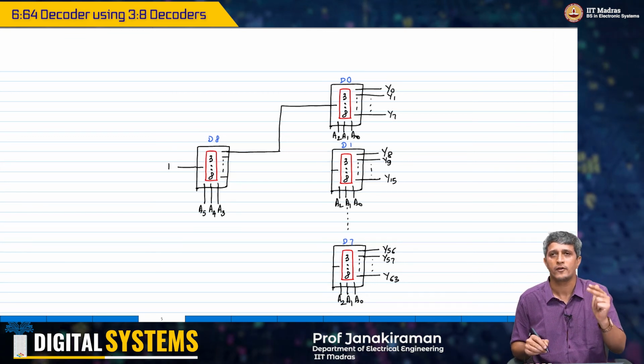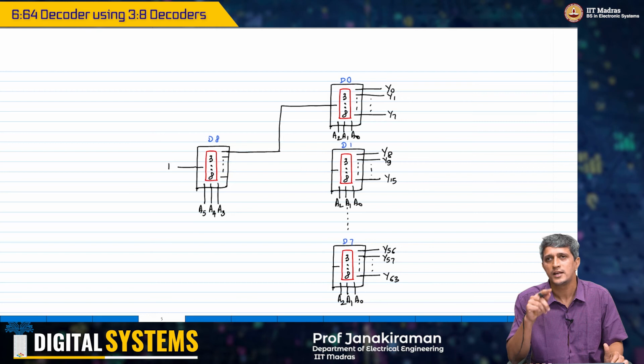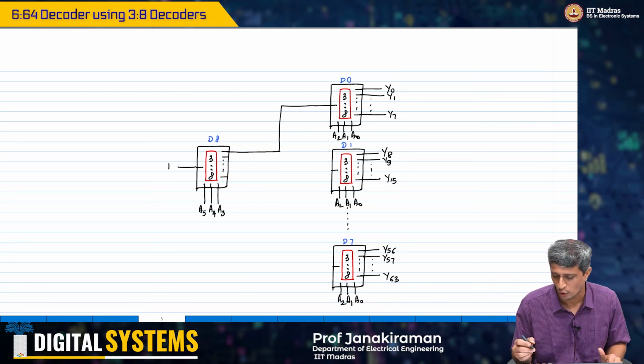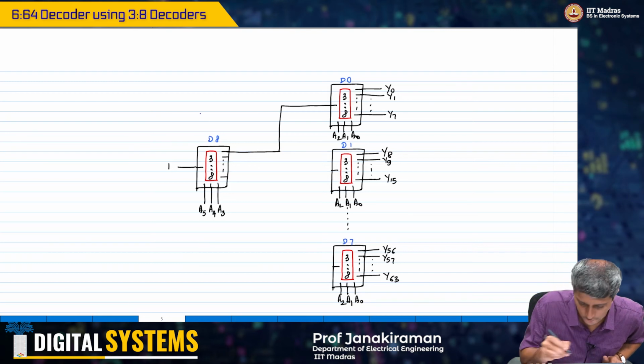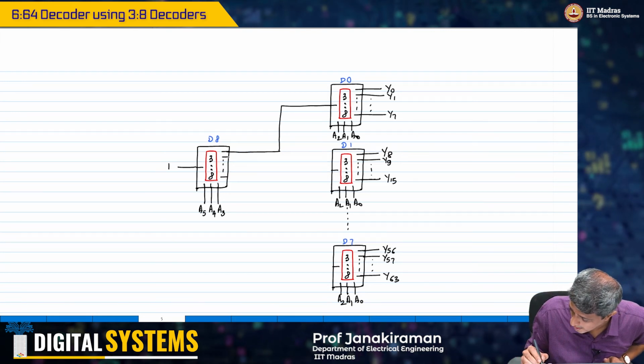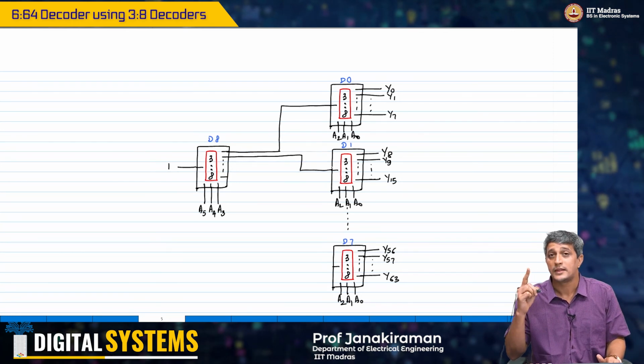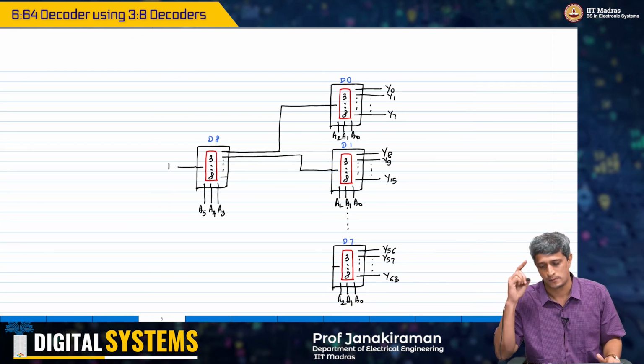Likewise, when A5, A4, A3 are 0, 0, 1, the next decoder has to get activated, right. If you write the truth table, you will see it for yourself, and therefore the Y1 of D8 must now go as an enable to the enable signal of D1.